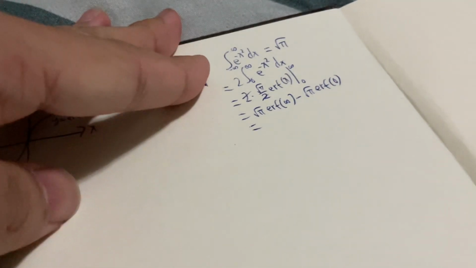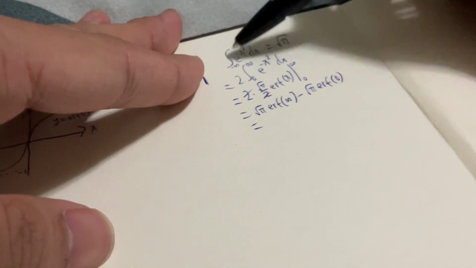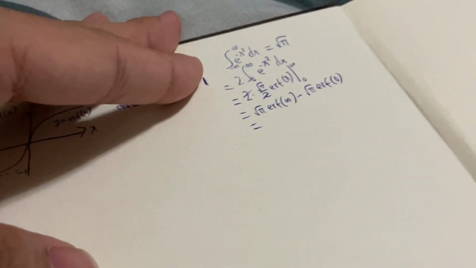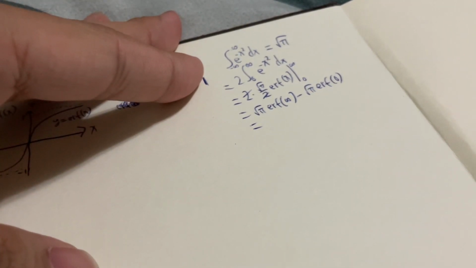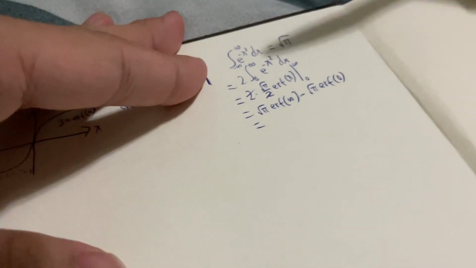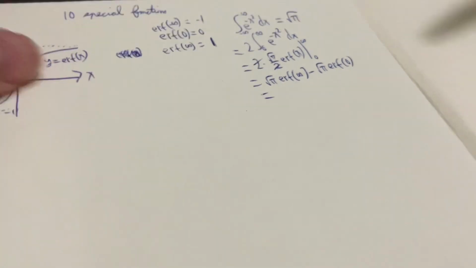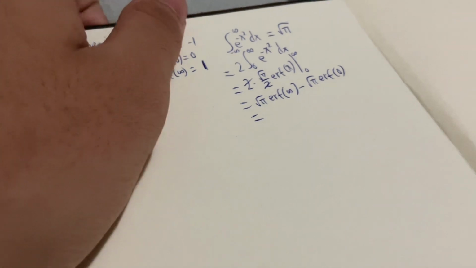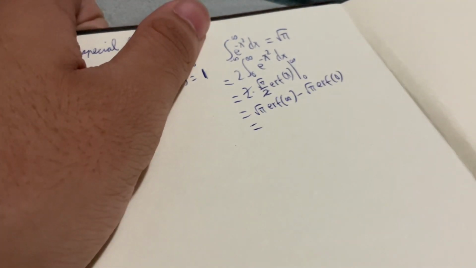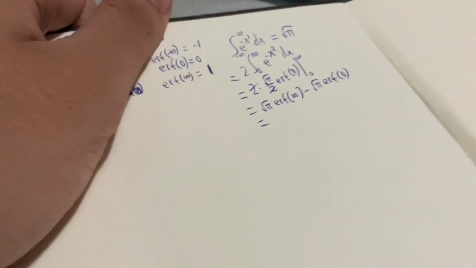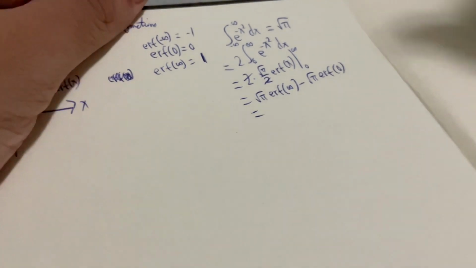Here's the deal. We know that the answer to this integral is equal to square root of pi. So, if we don't know the graph of this, can we draw conclusions? We have some cases.